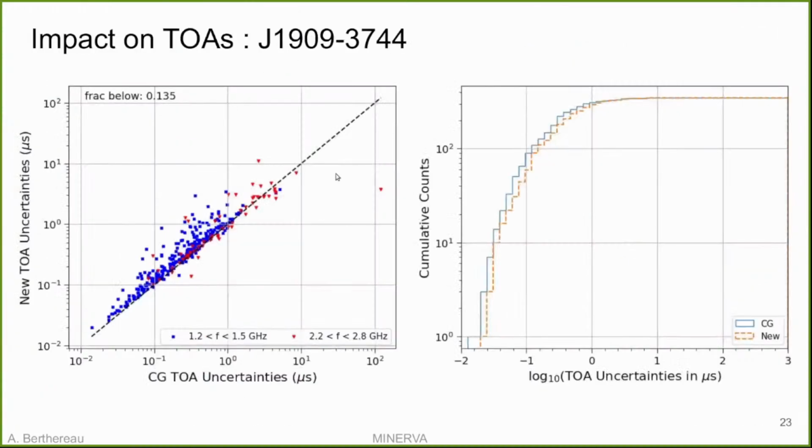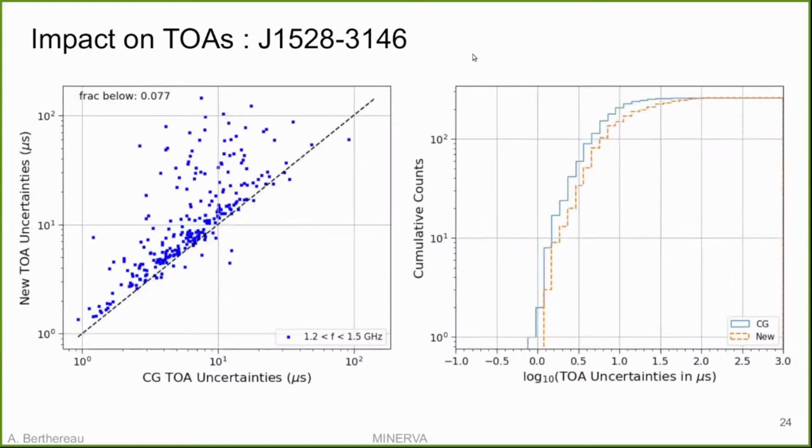To be more precise, for 1909, what you can see is that we are better than CoastGuard in 30% of the TOAs that we are making from the cleaned observation. And for 1528, it's only 7%.